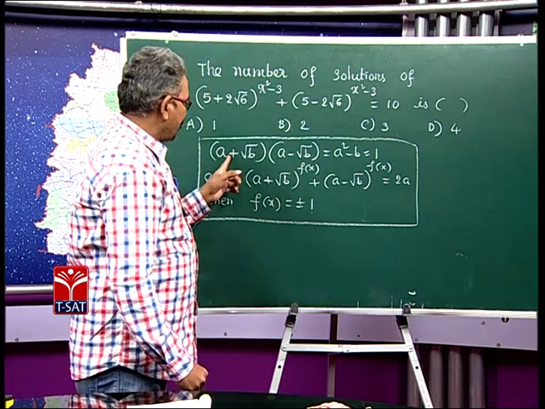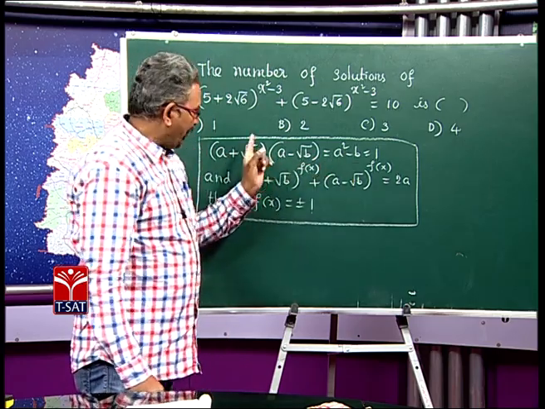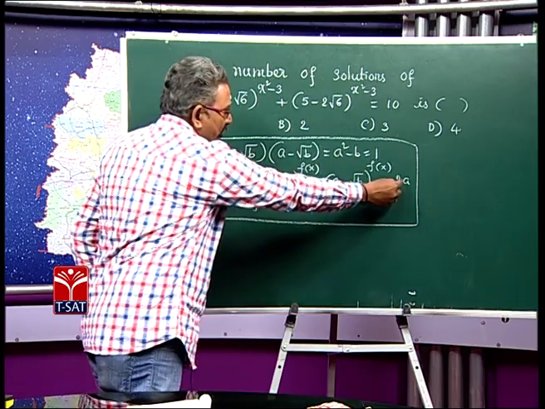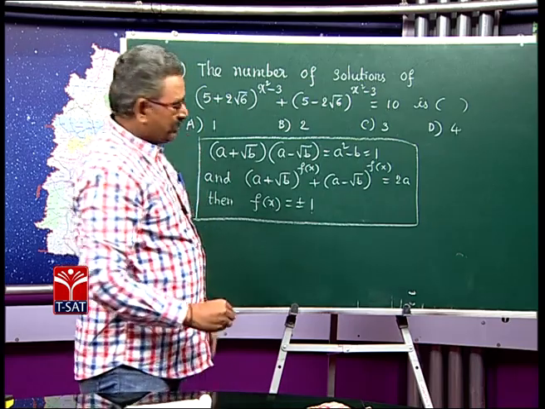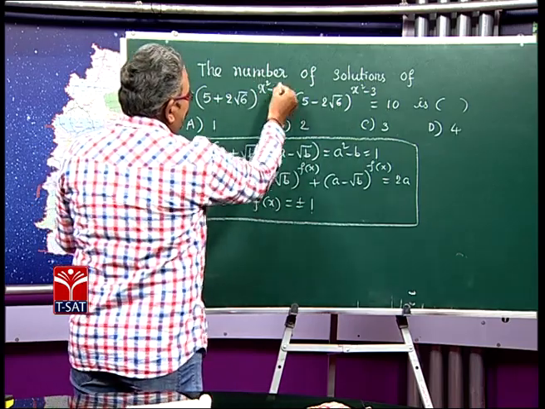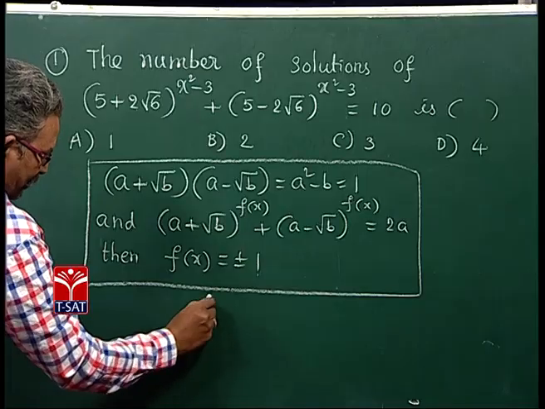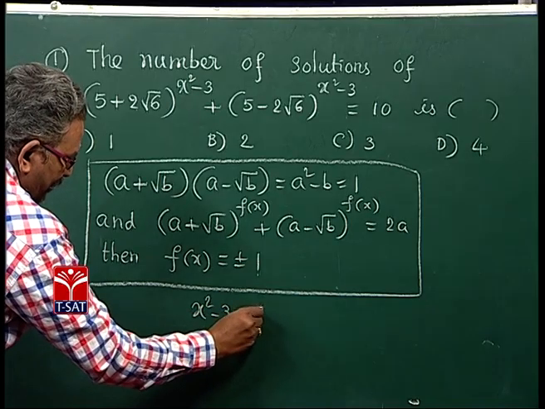So this condition is satisfied. Similarly, the 2a condition is also satisfied. That is why this exponent must be equal to plus or minus 1. So we get x square minus 3 is equal to plus or minus 1.